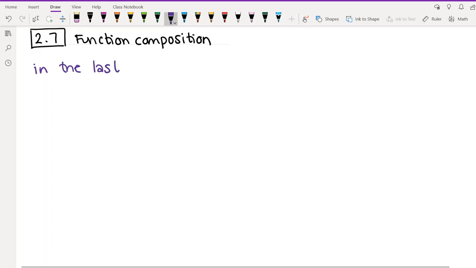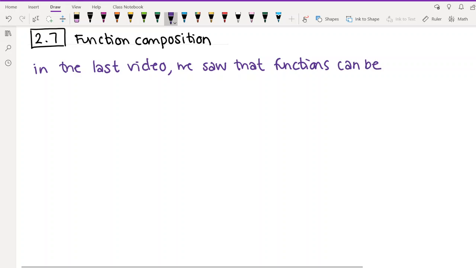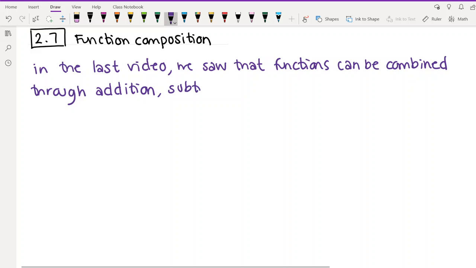In the last video, we saw that functions can be combined through addition, subtraction, multiplication, and division.